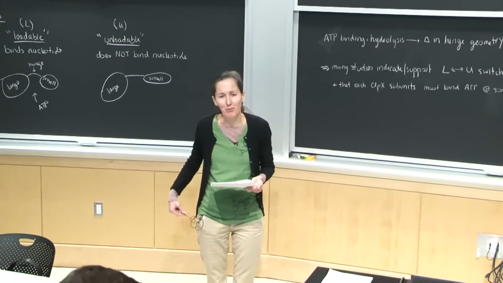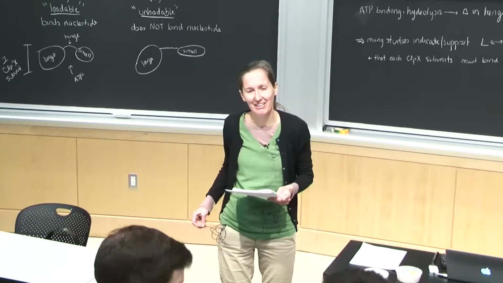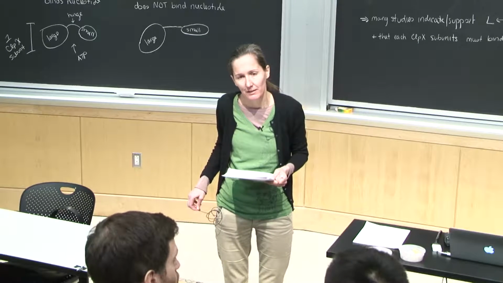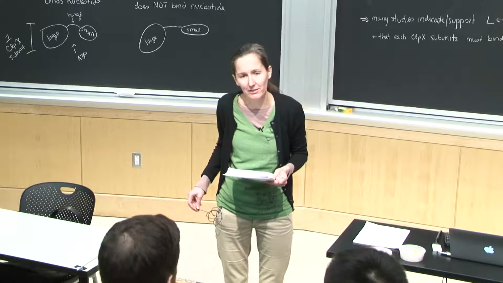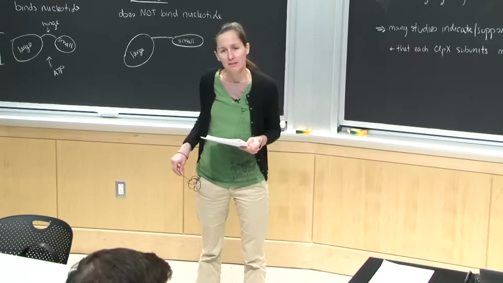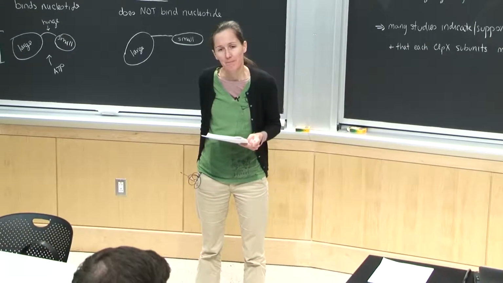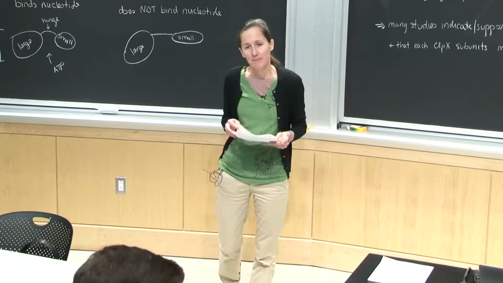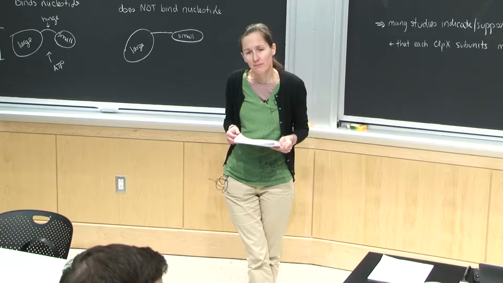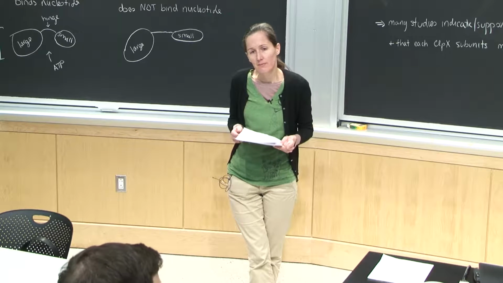So when you have all these structures, are they all with an ATP analog? I don't know the answer to that. Because ATP analogs, you guys have already seen ADPNP or ADPCH2P, have very different properties when you study these than ATP.